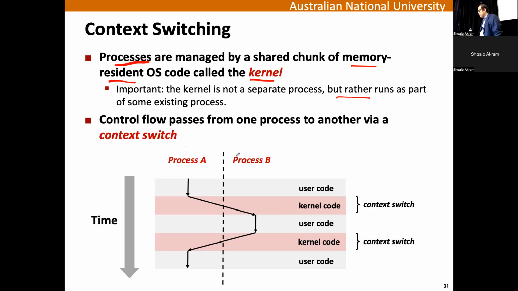So the way control flow passes from one process to another, process A, when the kernel decides to schedule it out, there is some code that runs in the context of process A, and then the kernel brings process B, it runs process B for a while, and then the control switches back to process A. This is a simple illustration, how you go back and forth between user code and kernel code on a context switch.